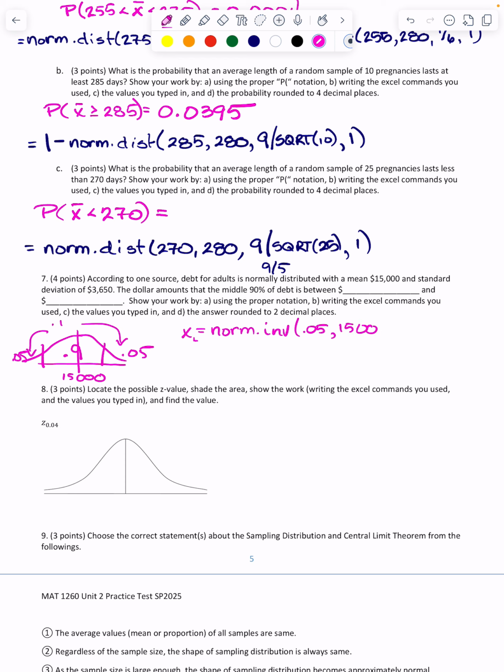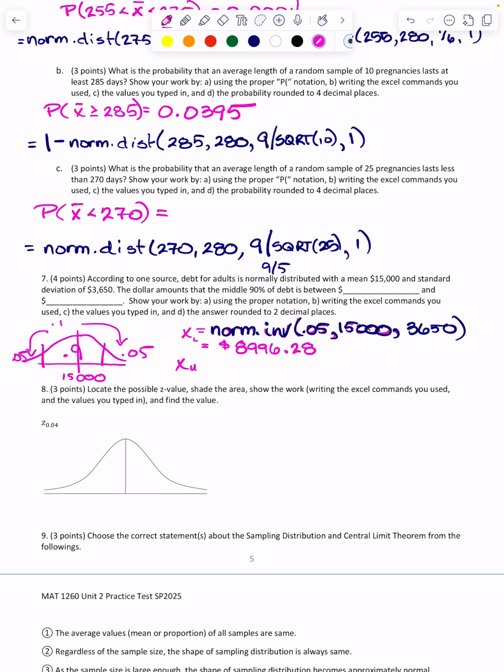My mean is 15,000. And my standard deviation is 3,650. I get a lower bound of $8,996.28.